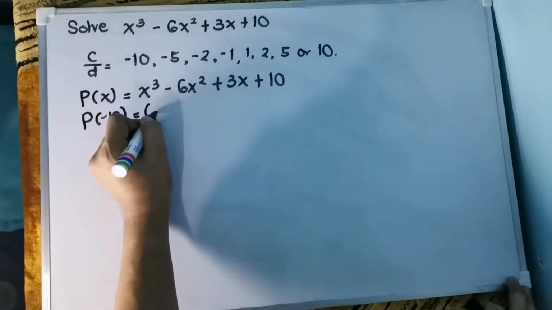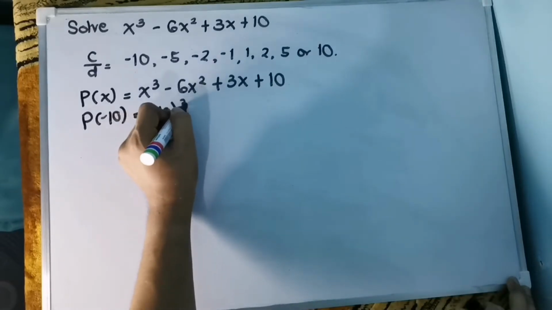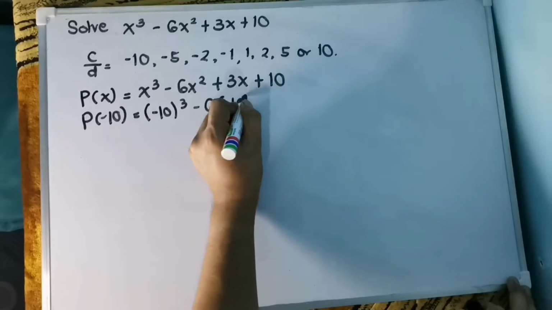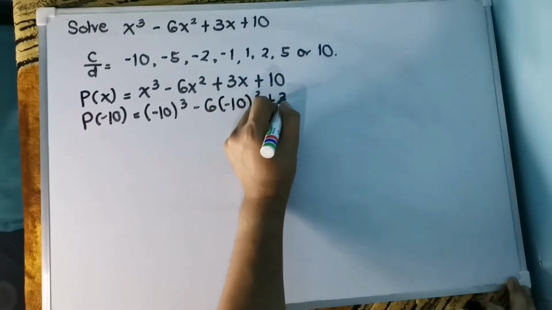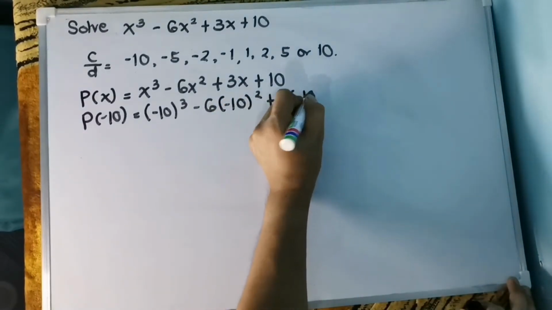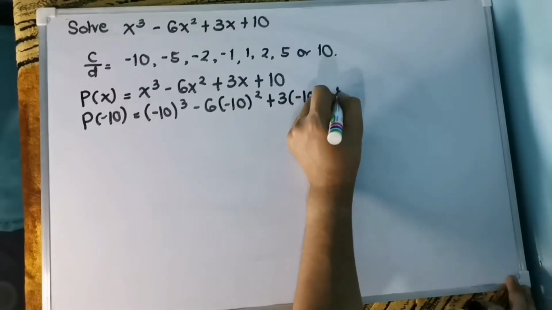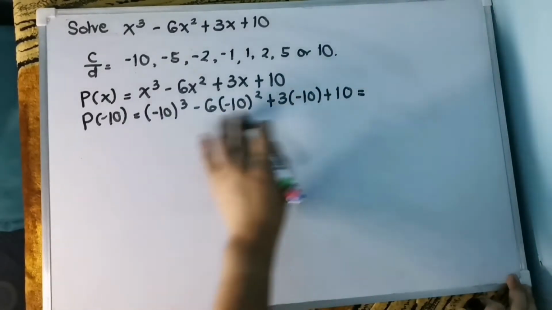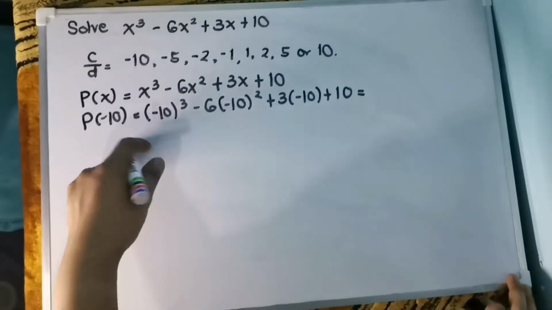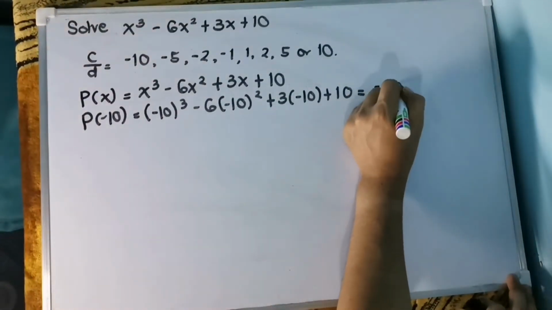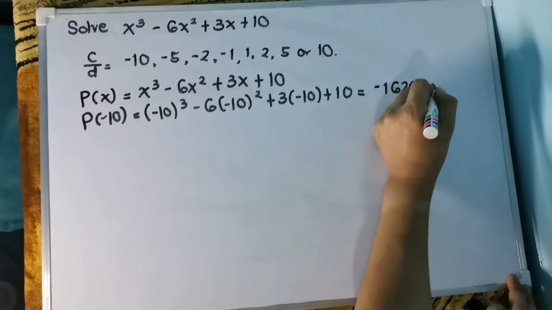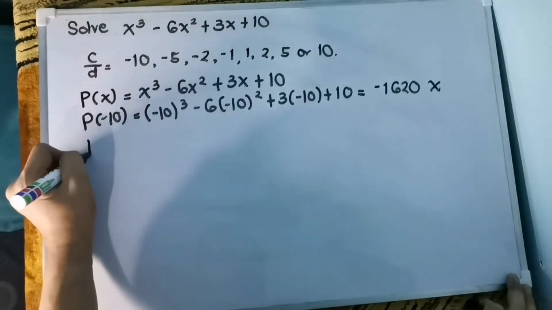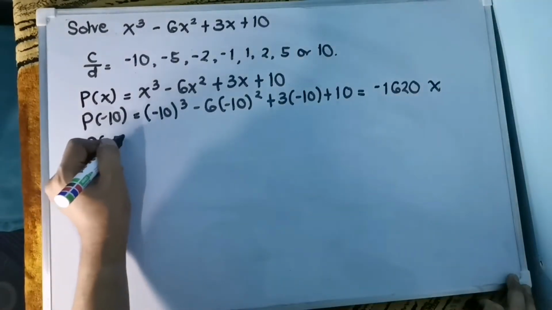So, we just substitute: negative 10 cubed minus 6 times negative 10 squared plus 3 times negative 10 plus 10. Kapag kinompute nyo to, ang kanyang magiging result ay negative 1,620. So, hindi ito yung ating hinahanap. How about p of negative 5?